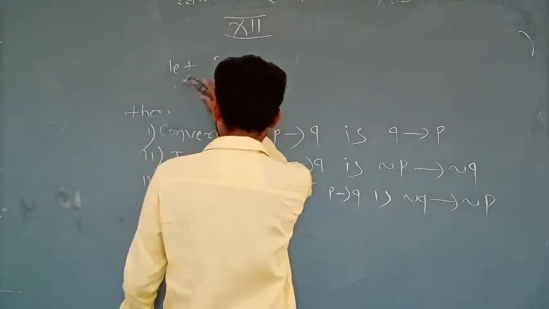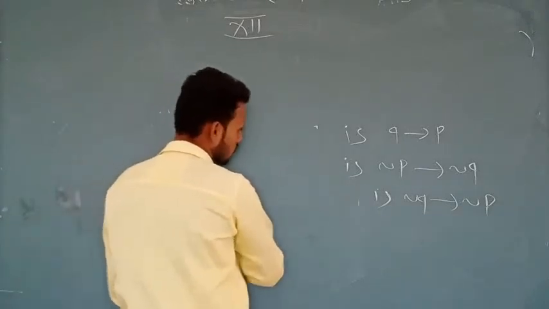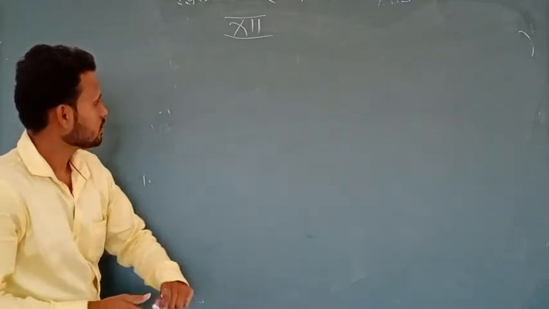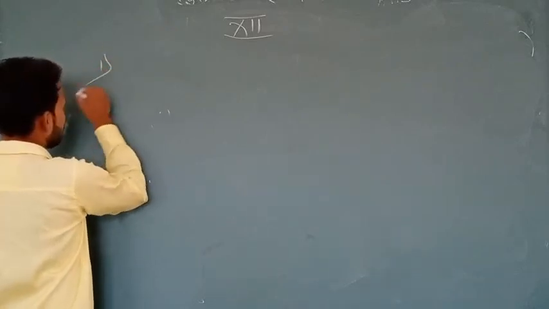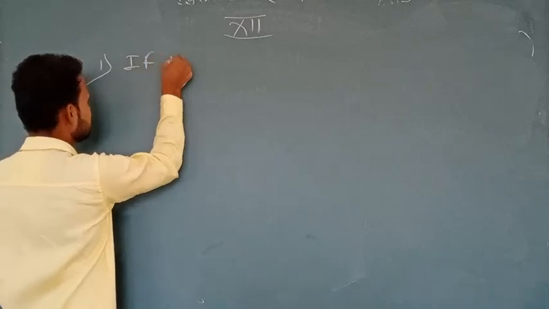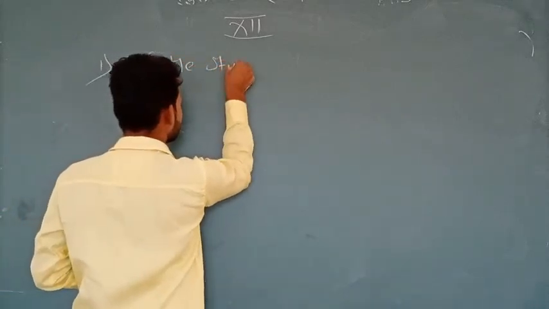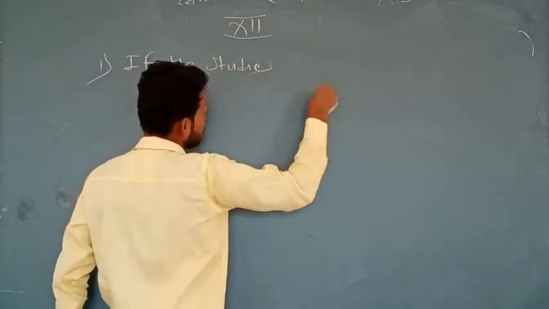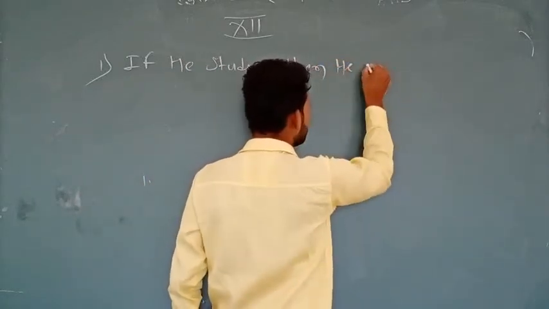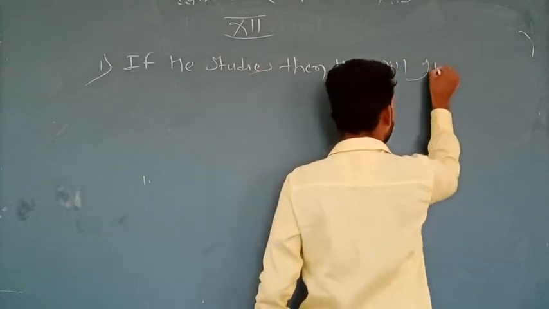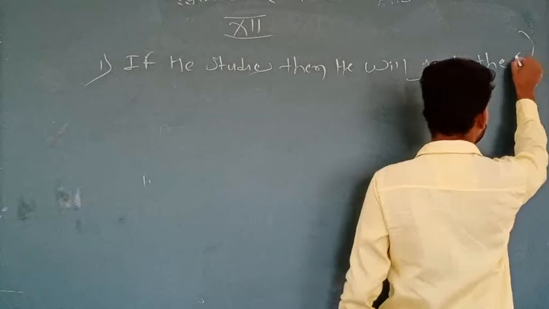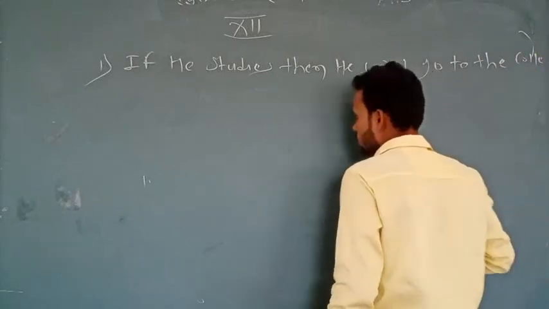Now let us take one example based on that converse, inverse and contrapositive. For that we want a conditional statement. For example, if he studies, then he will go to the college.